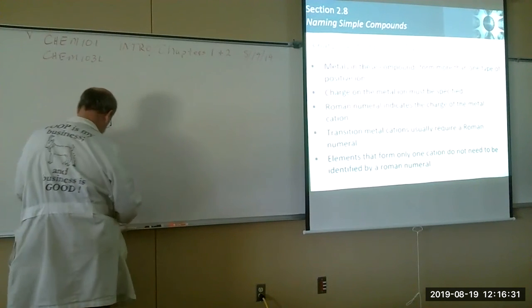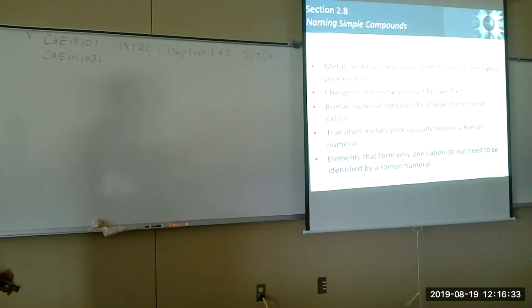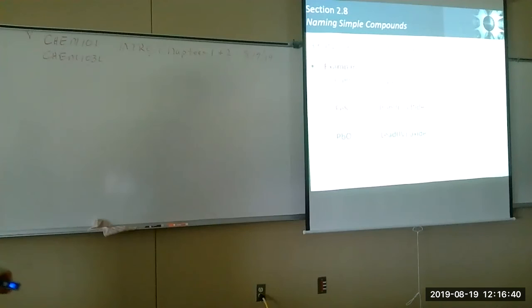Type 3. So type 1 and type 2 are both metal, non-metal. Type 3 is non-metal, non-metal. I'll come back to the polyatomics. I want to keep our train of thought going. Type 3s, non-metal, non-metal.